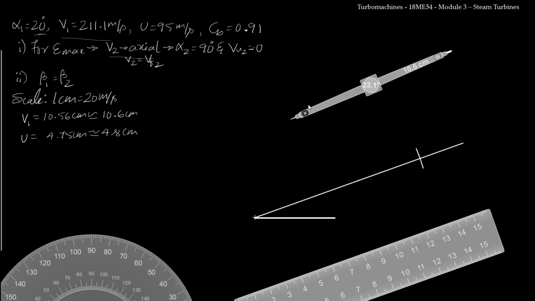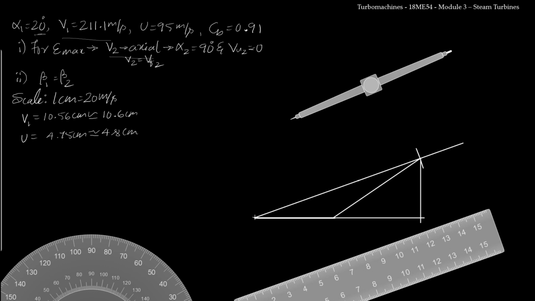Once I have drawn the arc, now with the help of a straight line, I will join this point with U. So this is Vr1 and this is V1. Now I will complete the inlet velocity triangle by constructing a vertical line from here. So this completes the construction of the inlet velocity triangle.